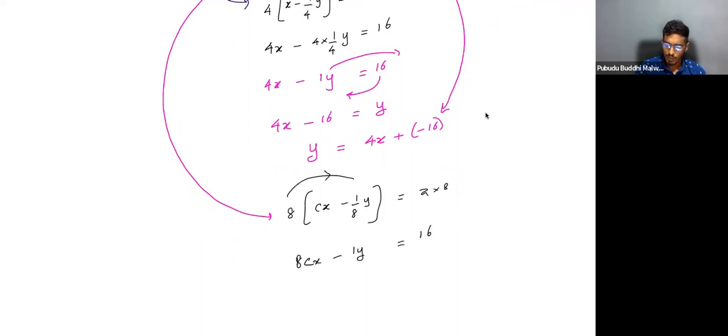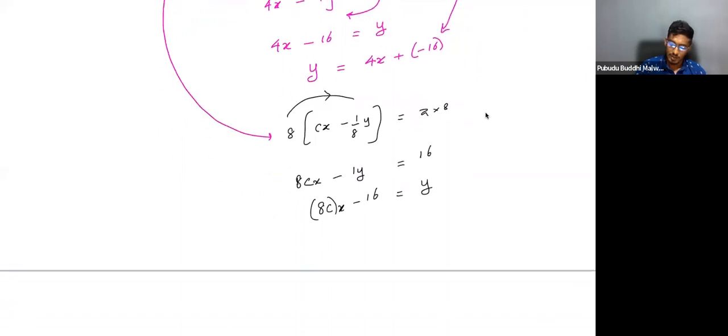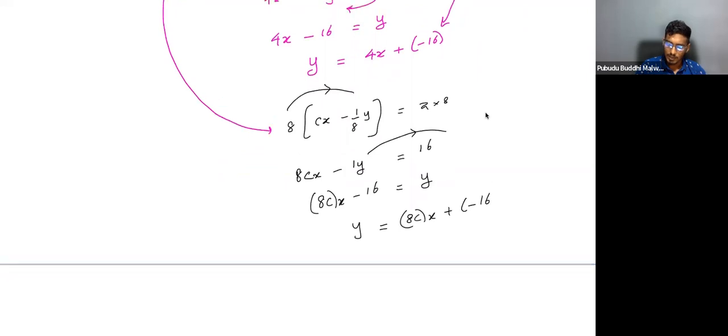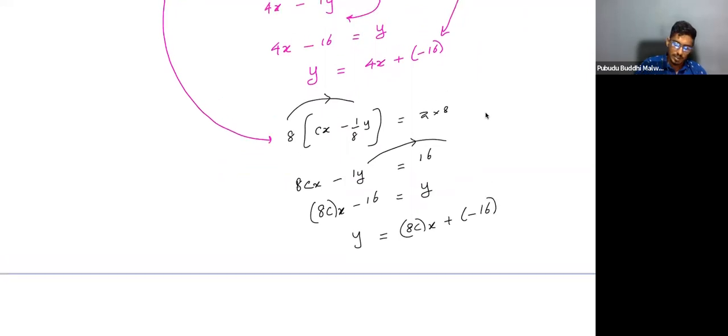Then I can move y to the other side. 8cx, that's the slope, 8c, you will see that. Then minus 16. So y equals 8cx minus 16. Then you can compare these two equations with the slope intercept form, right?